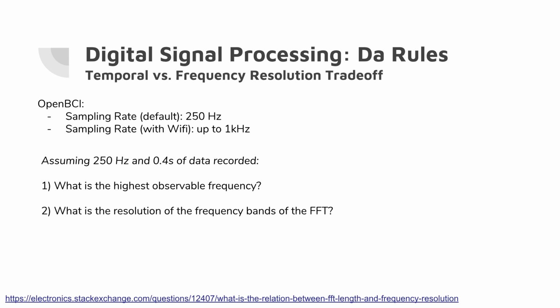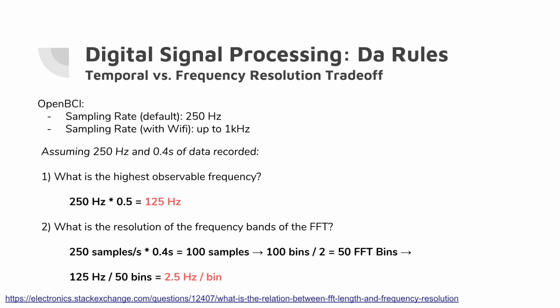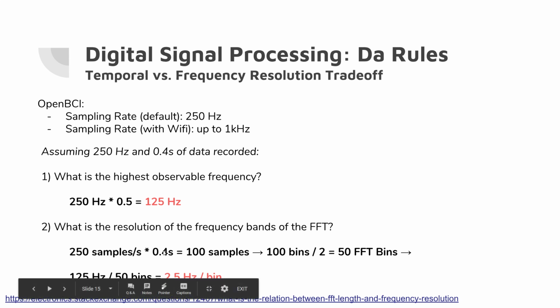So, based on our assumption of 0.4 seconds of data recorded, the following is the answer to the question. You end up with half of the sampling rate, 125 hertz, as the highest frequency you can observe in this signal. Going back to the amount of data we recorded, 250 samples per second at 0.4 seconds of our signal gives us 100 samples.